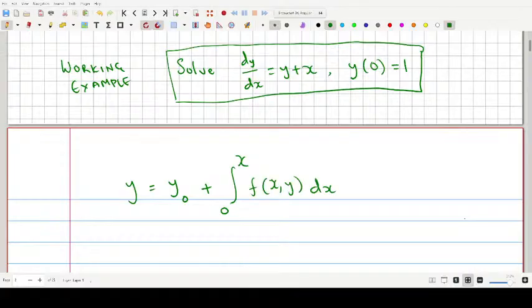Now, in our given problem, I would like to annotate that y plus x is the same as f of x comma y, x naught is the same as 0 and y naught is the same as 1.